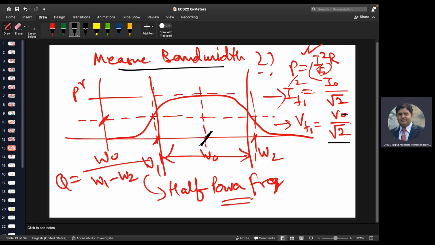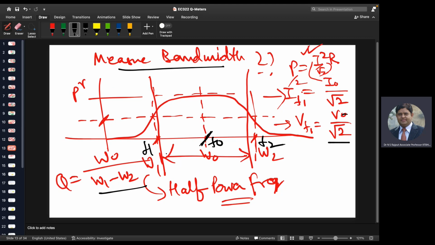Similarly, you start reducing the frequency while maintaining the input power the same, but your output power will also come down when the frequency comes down to F1. Therefore F1, F naught, and F2 are the three frequencies. So F1 minus F2 is the bandwidth.